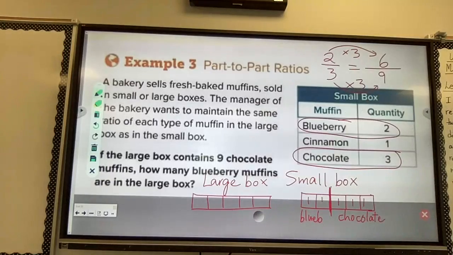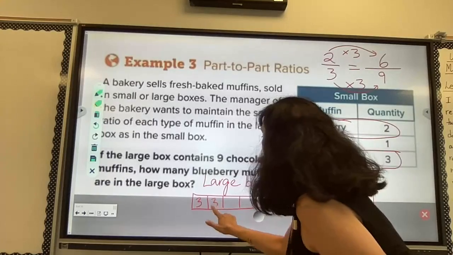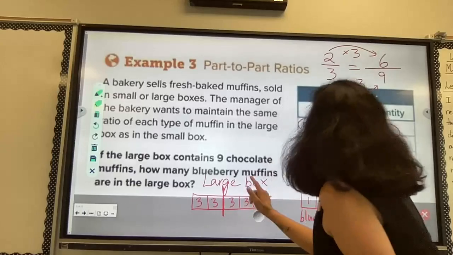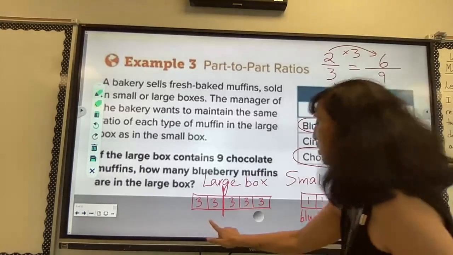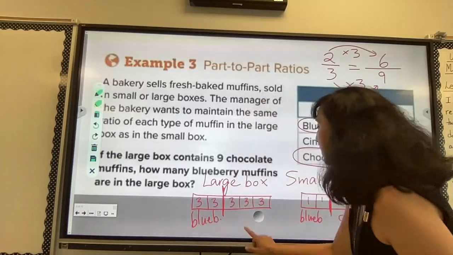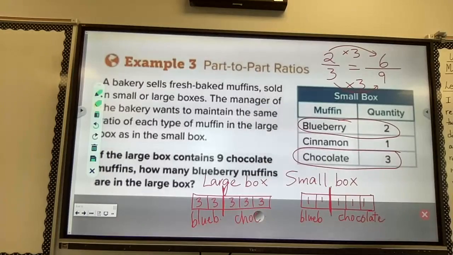Okay, and then each of that would be 3. 1, 2, 1, 2, 3. Okay, and so you can see that this much is blueberry, which is 6, and this is my chocolate, which is 9.